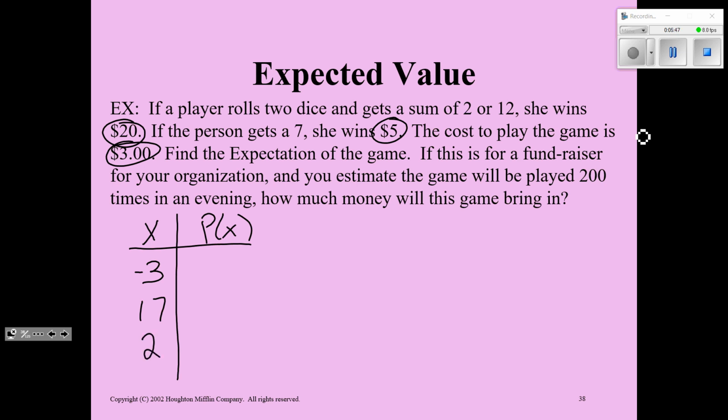Now the next thing we have to do is figure out the probabilities of these things occurring. This is where what we did in the last chapter comes in, because you have to figure out probabilities like we did in the last chapter. So what is the probability of rolling a 2 or a 12?